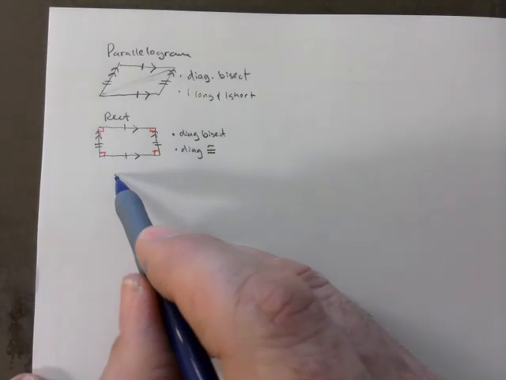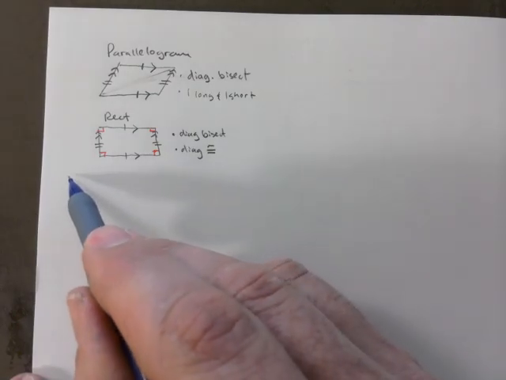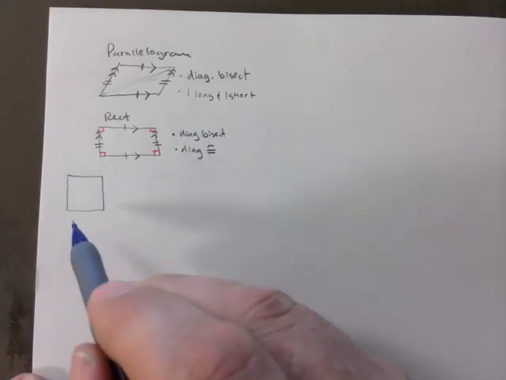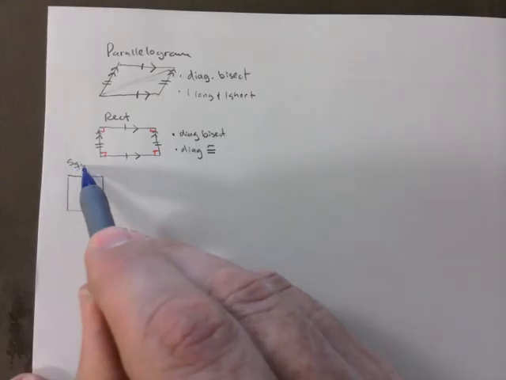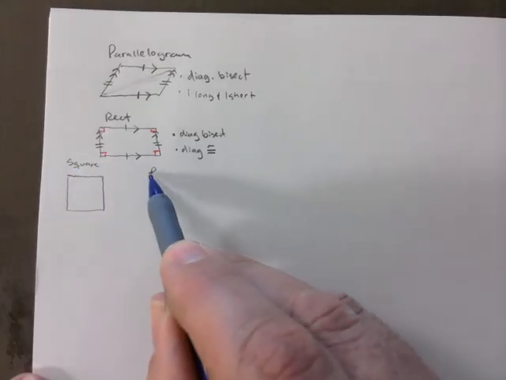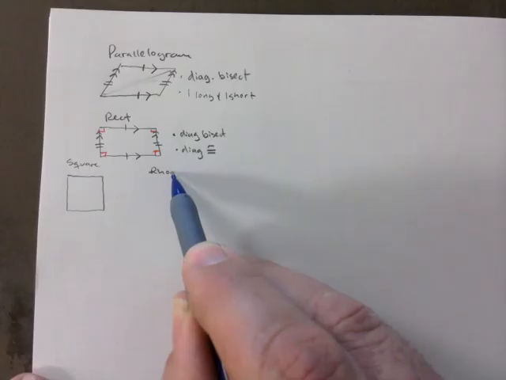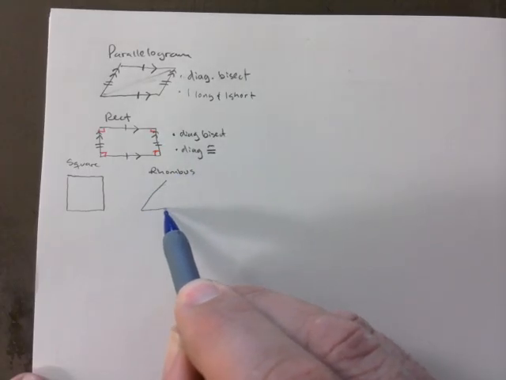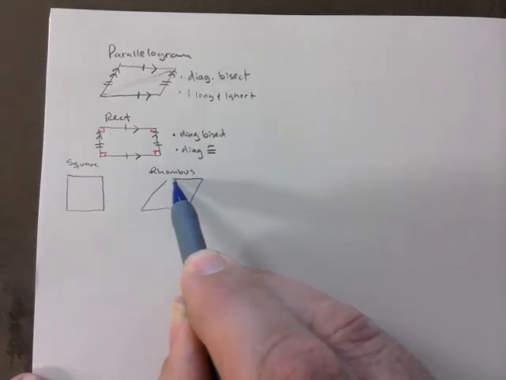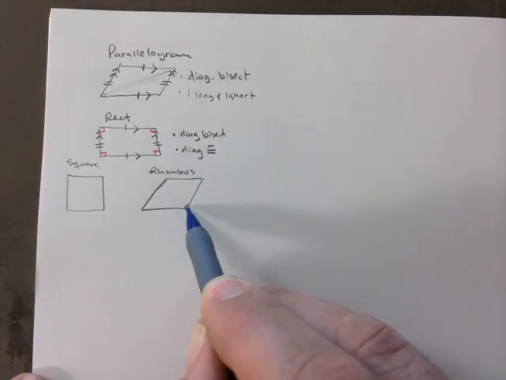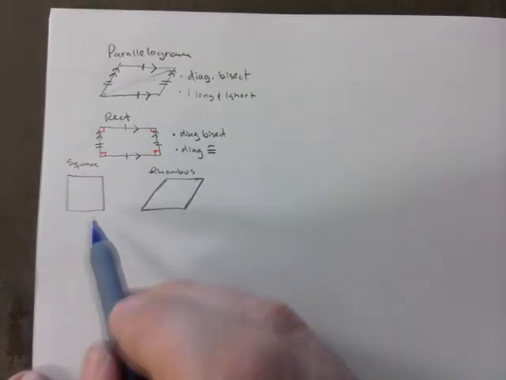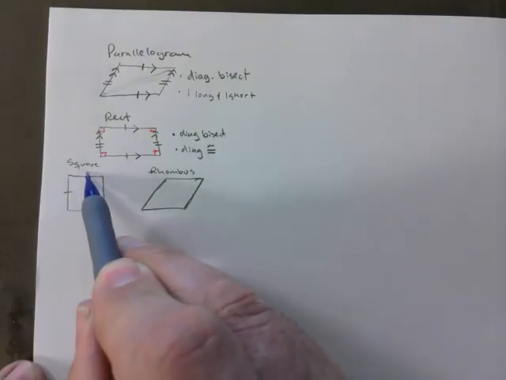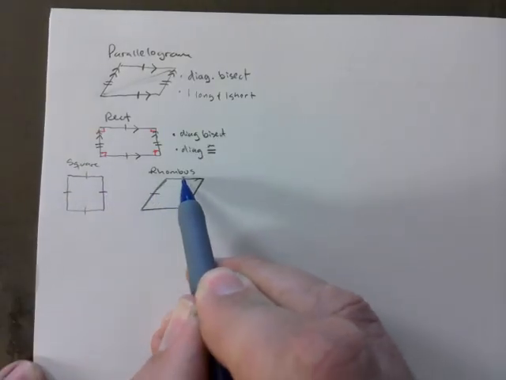Next, you have your rhombus, right? How about we do square, square, and rhombus here. There's something about both that we know for sure is the same. So it's 1, 1, 1, 1, right? They all have the same length.